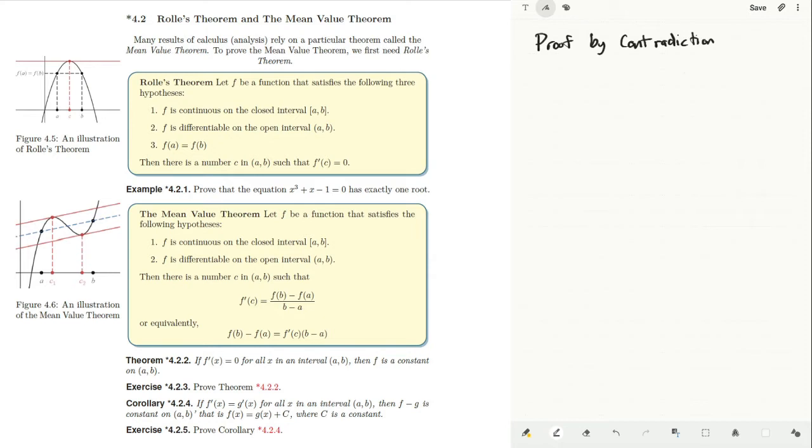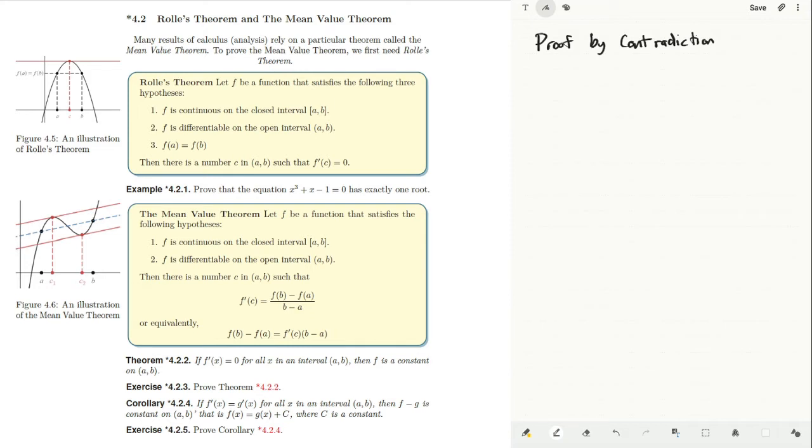So let's assume that this is false. So there's at least two real roots. Then what we want to show is that this will lead towards a contradictory statement. And then to resolve the contradiction, we will conclude that it was incorrect to assume that our statement was false to begin with, and thus the statement that we want to prove must be true.